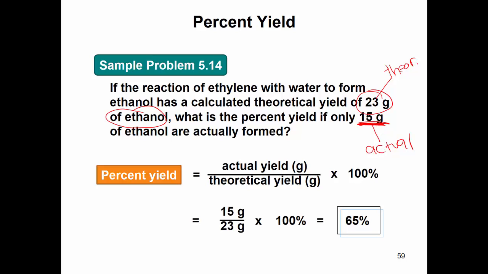Otherwise, obviously, you have to go to a lab to figure out your actual yield. Most labs in these general courses, you will do this. You will find your actual and then find your percent. But if you're just working problems, look for that actual yield in the problem, and then plug it in and you get your percent yield.